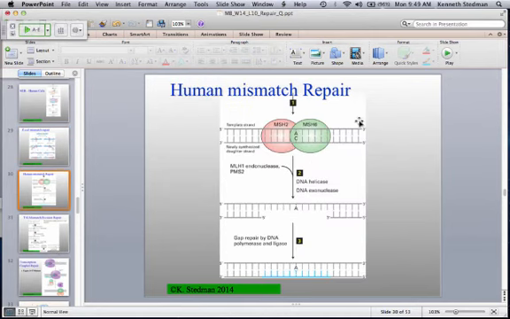The human mismatch repair is basically identical, and one of the reasons I also mentioned the E. coli, A, again, it's a wonderful model system, but B, these guys were found because they were homologs to the MutS protein. So MSH is homolog to MutS. It's a protein that was found in human cells. They looked at the gene sequence and saw it was similar to what had been really well characterized in E. coli in terms of mismatch repair.